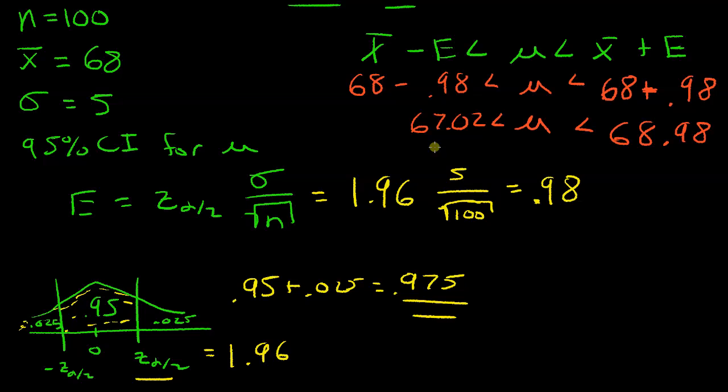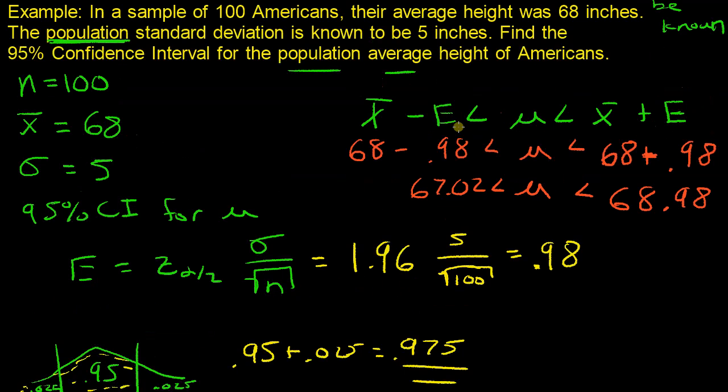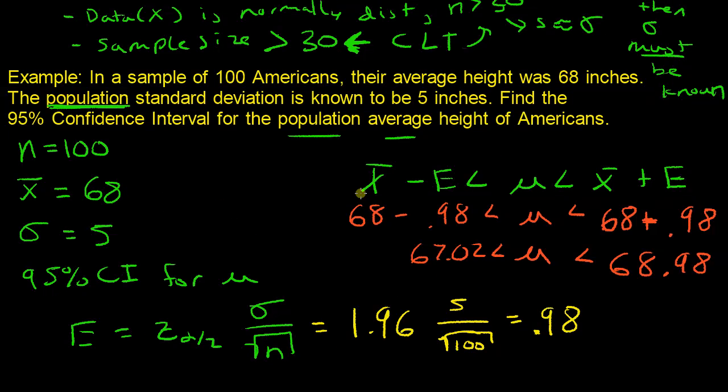So we are 95% confident that the population average height of Americans is between 67.02 inches and 68.98 inches.